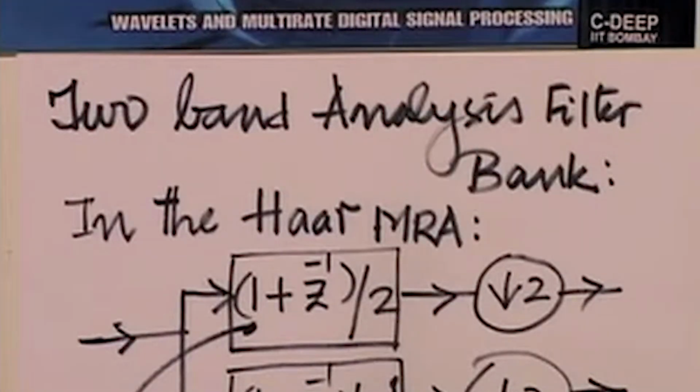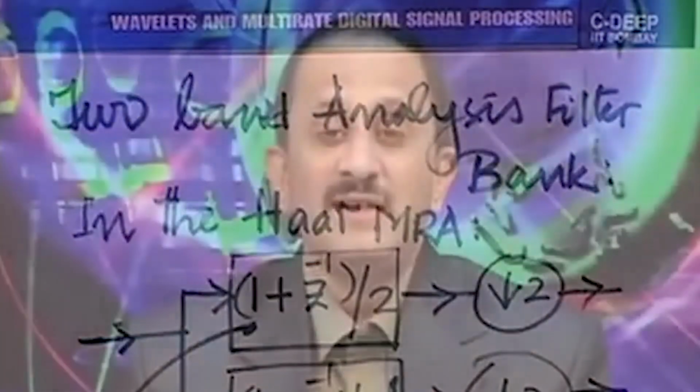Now, we also recall 2 other properties of these 2 filters that we had brought out the last time. One was what we call magnitude complementarity, in the sense that if we simply summed the filter system functions together, you got the identity system function 1. The second was what was called power complementarity.